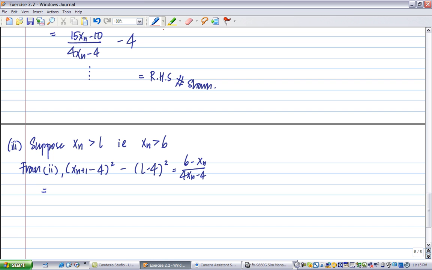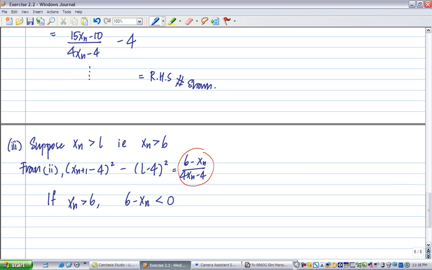now let's look at it part by part. Let's look at the right hand side first. If xn is greater than 6, 6 minus xn is negative or positive?